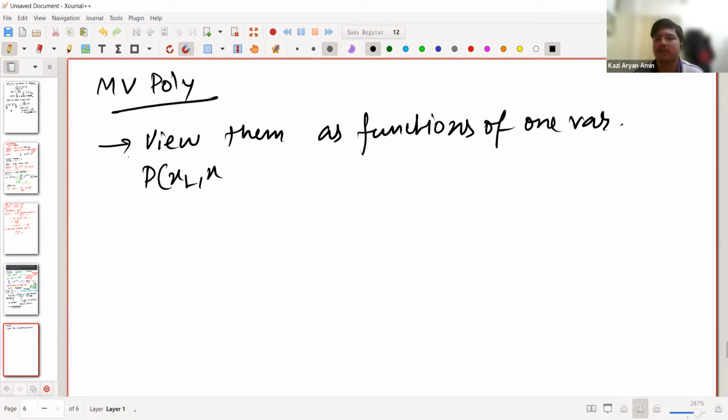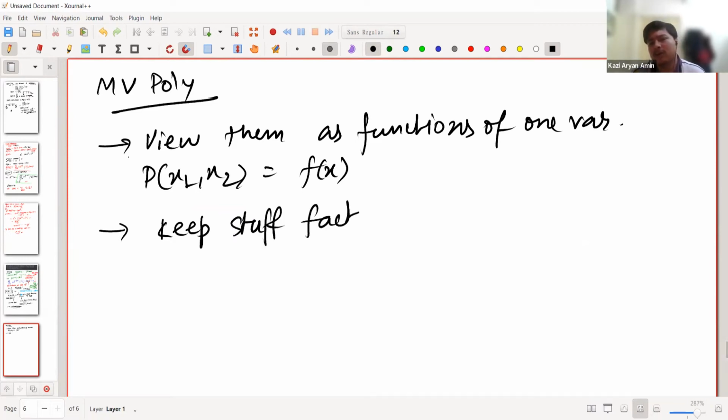Something like viewing p of x1, x2 as f of x1 with x2 constant, and seeing how that goes. This is a very important idea, I think. Other than that, just keeping stuff factored is a good idea.